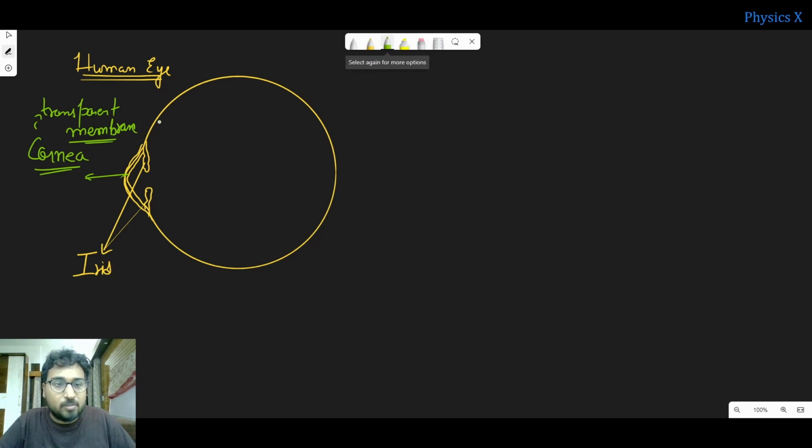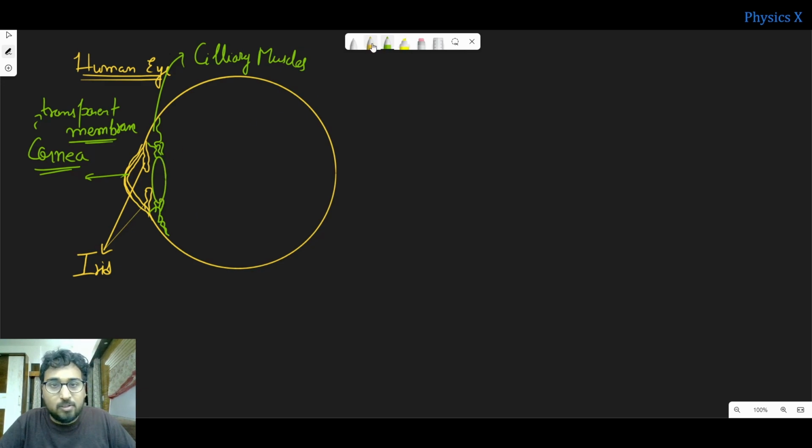Behind this we have special types of muscles called the ciliary muscles. From these ciliary muscles we have some ligaments which connect to the lens.